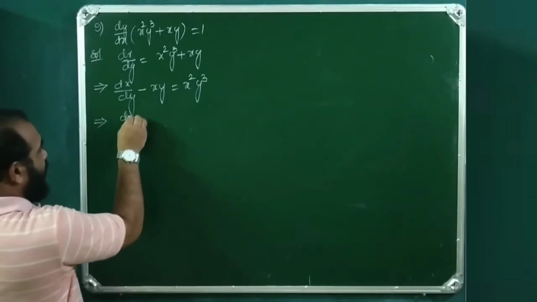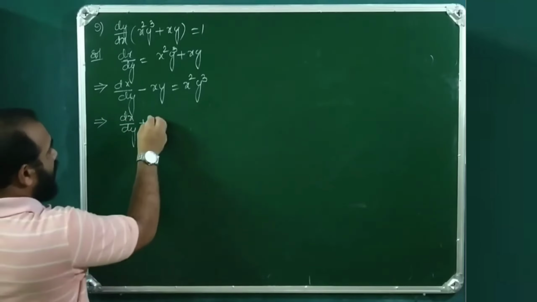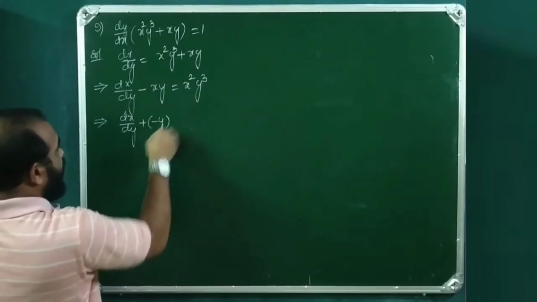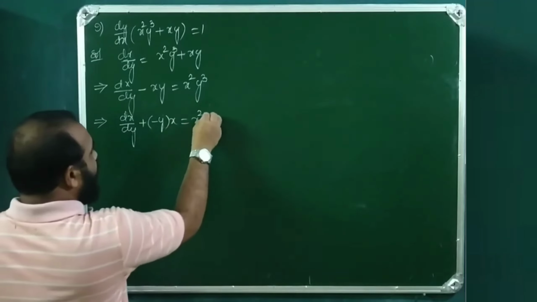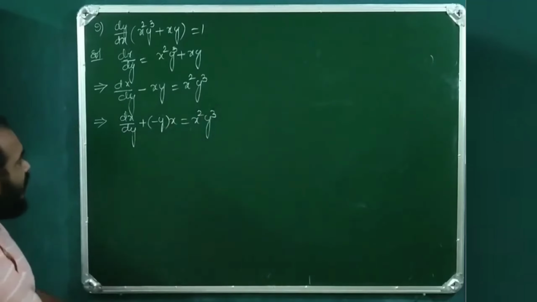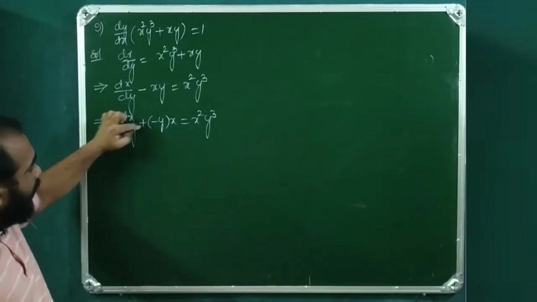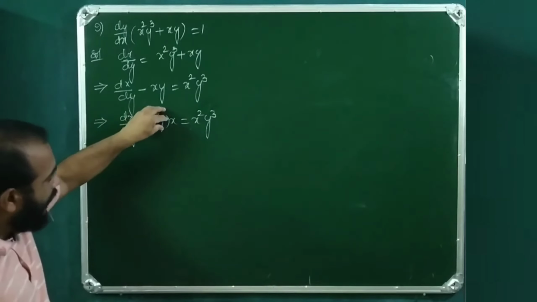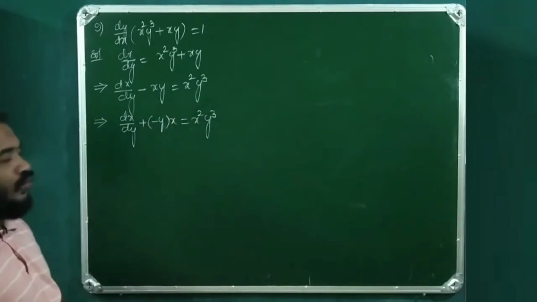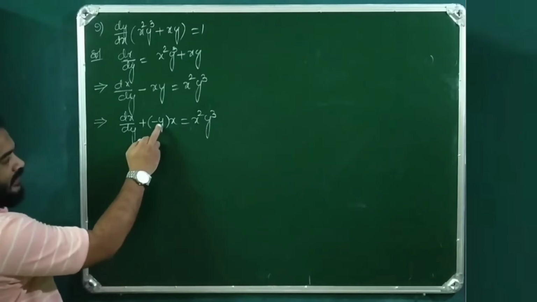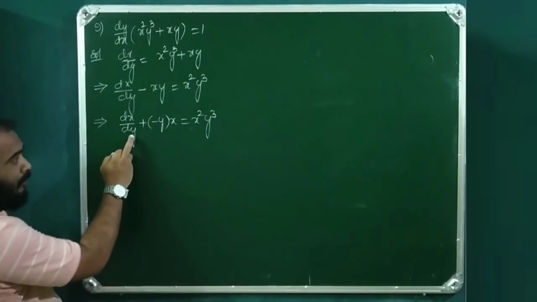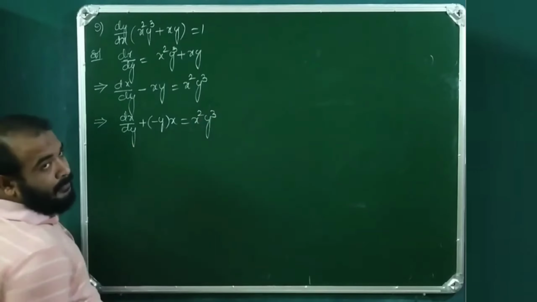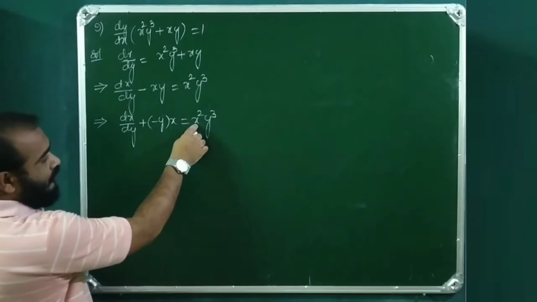This is dx/dy + (-y) x = x^2 y^3. So if you see here, this is dx/dy + Px = Q. Here P is -y, which is in terms of the independent variable y. Here Q is also y^3, but additionally we can see x^2 here.